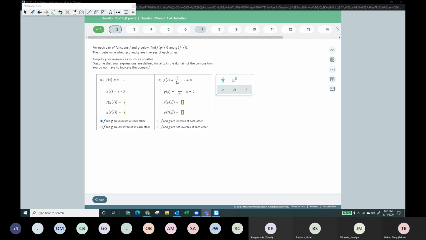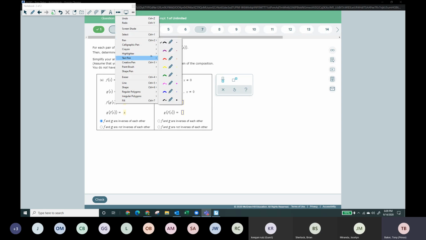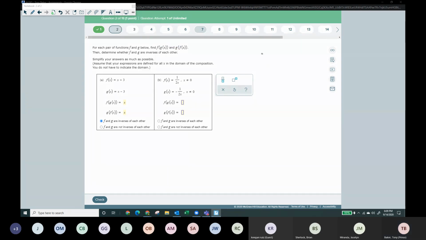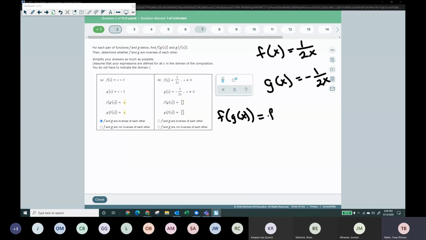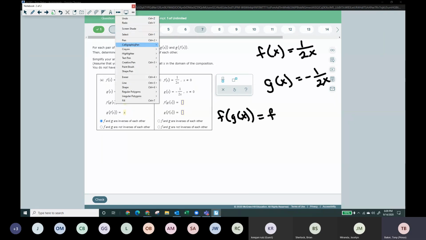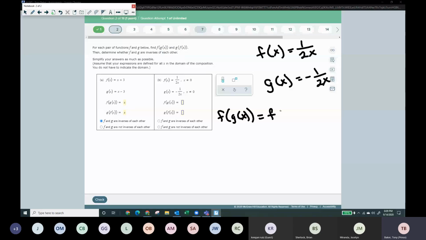So let's look at, actually, we'll do this one. So I've got f of x is 1 over 2x, and g of x is negative 1 over 2x. So I'm going to do f of g of x. So I'm going to do f, and actually I'm going to change the colors to make this a little easier to see.